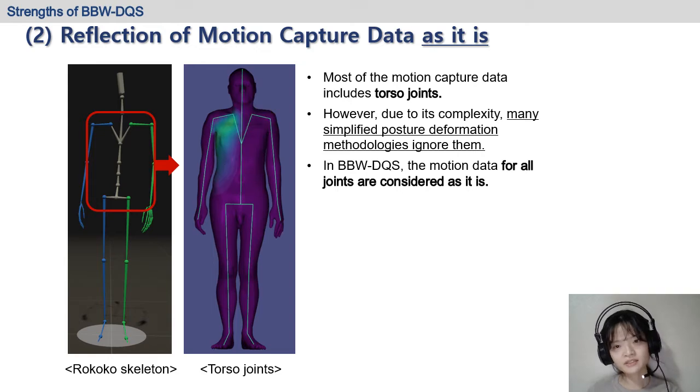Therefore, in many simplified posture deformation methodologies, these torso joints are ignored, assuming that there are only slight deformations in them. However, in BBW DQS, all the joints are considered as given in the motion capture data.